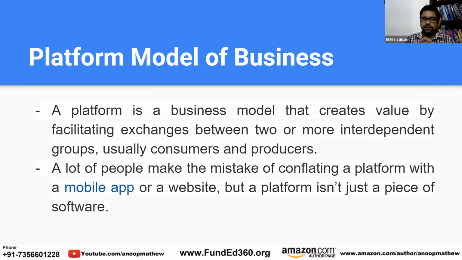Based on certain parameters and considerations between the buyer and seller, they will get into an agreement on prices, and the deal will be closed. This is exactly what happens in a marketplace, whether online or offline. So that's called the platform. It can be online or it can be offline.